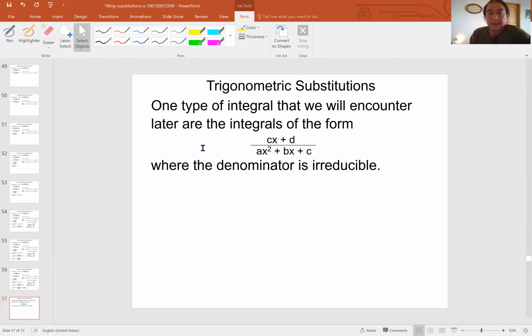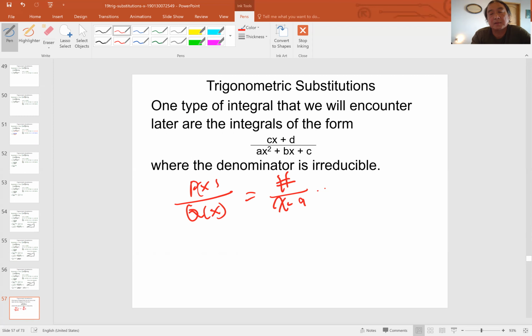So these are the basics, now you know the trick of doing these. And one thing that helps us finish up the whole slew of things we've been doing in these sections is the partial fraction decomposition. We have a polynomial p(x) over q(x). You're going to break it up into a number over x minus a plus a number over x minus b, and maybe a squared, stuff like that.